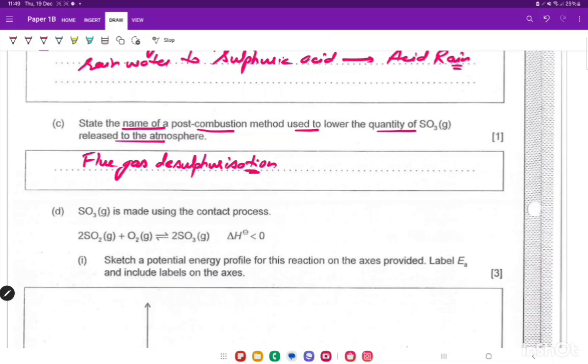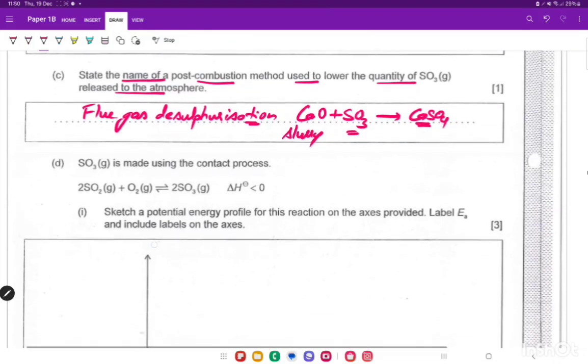The flue gas is passed through large tanks containing a slurry of calcium oxide, so that SO3 reacts with CaO to form calcium sulfate, CaSO4, and is thus removed. This is called the flue gas desulfurization process. This is one of the methods by which we can remove sulfur trioxide from air.